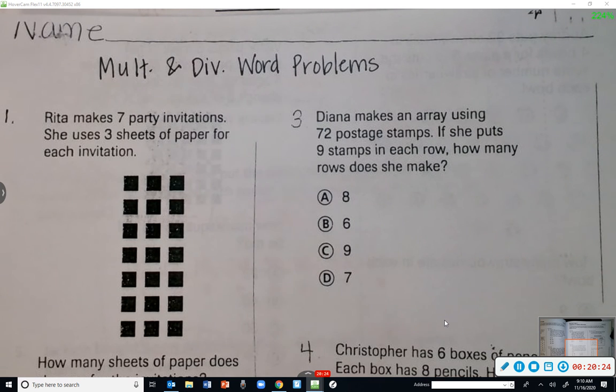So this is how we're going to do our flashcards. I'm going to go ahead and cut these up for you because we don't need a whole note card for just a 2-digit number or 1-digit number. Okay? So you're going to get note cards. Get one out. Okay.